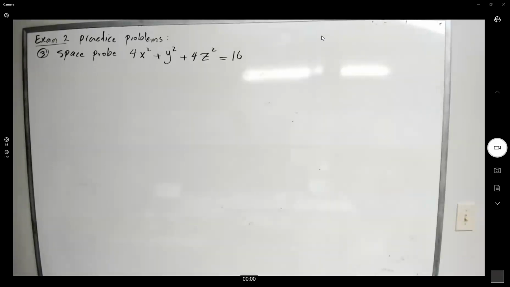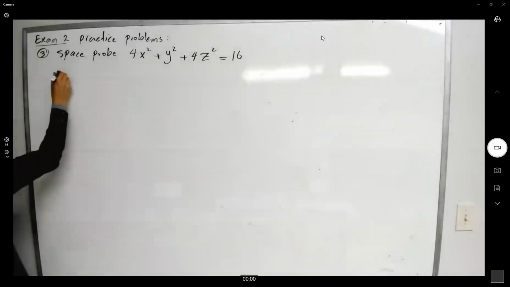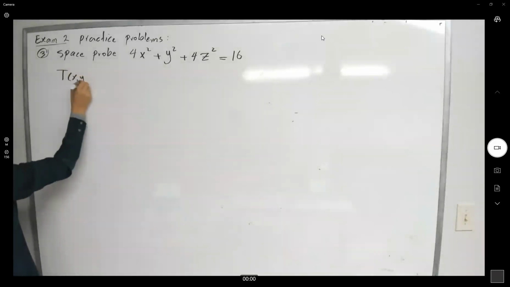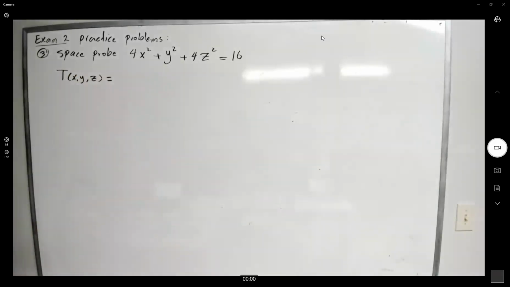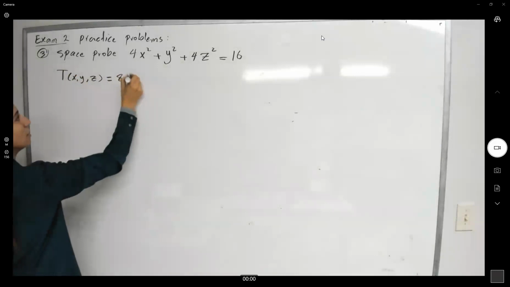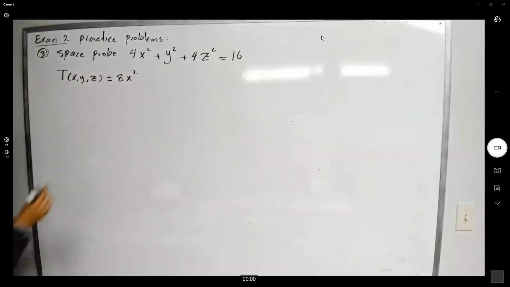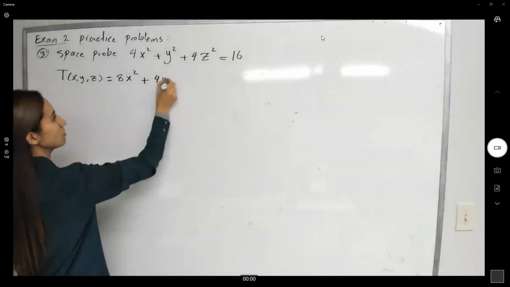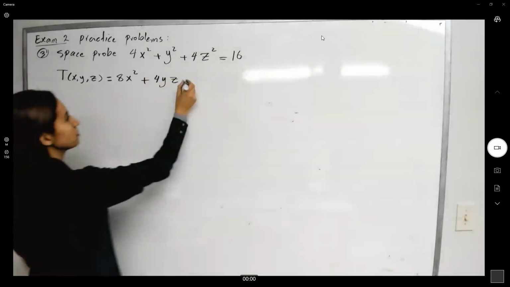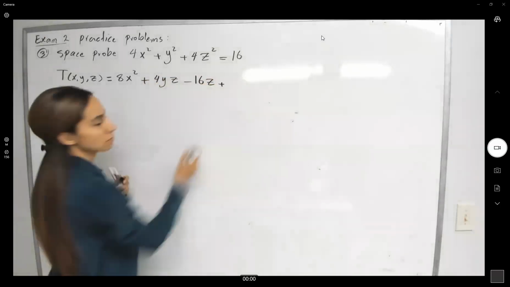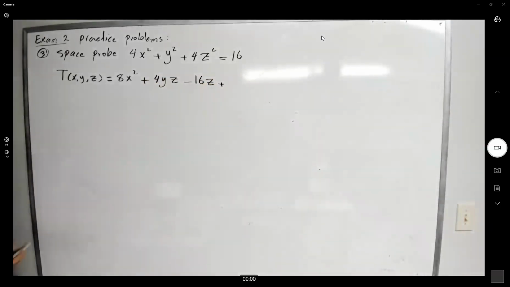Of course, after 1 hour, the temperature on the surface of the prop is T of x, y, and z equals, well, 8x squared plus 4yz minus 16z plus 600.